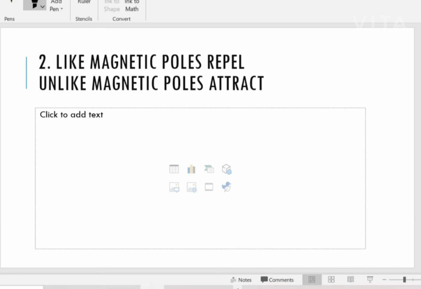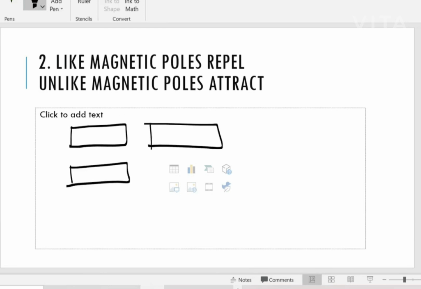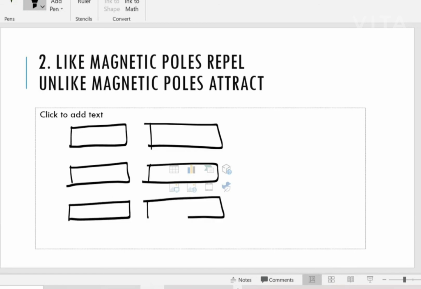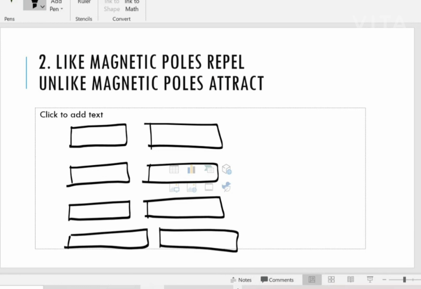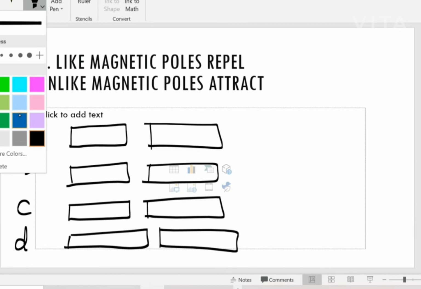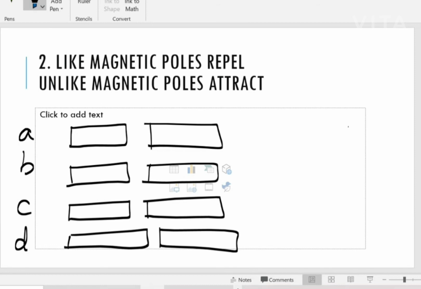I will draw some diagrams to show you what this attraction and repulsion is. So I have two bar magnets. I'm showing you 4 pairs of bar magnets with different directions labeled, A, B, C and D. Now I'm going to mark the different poles.